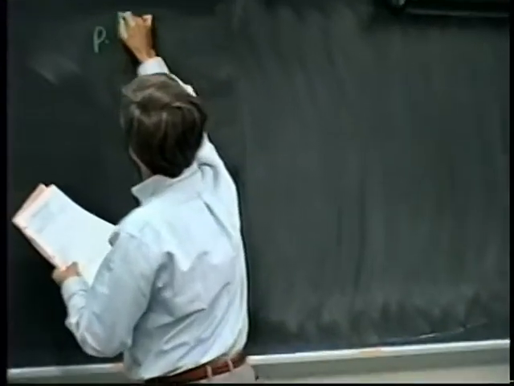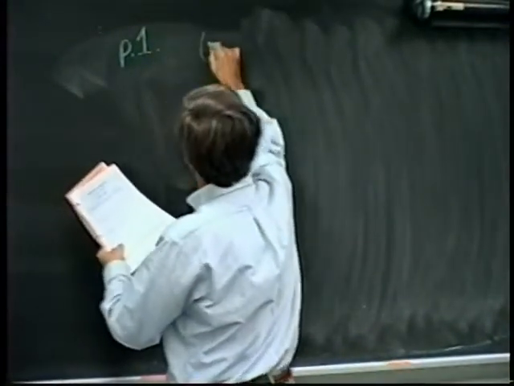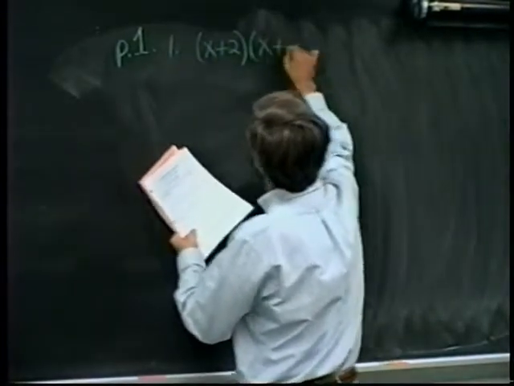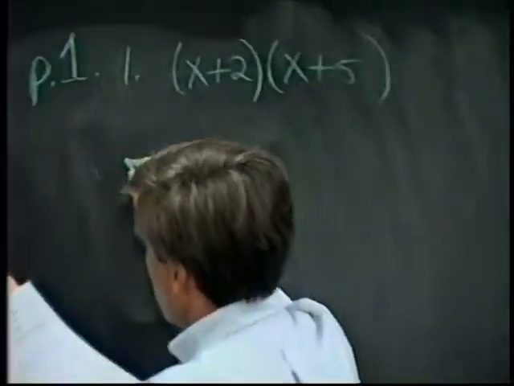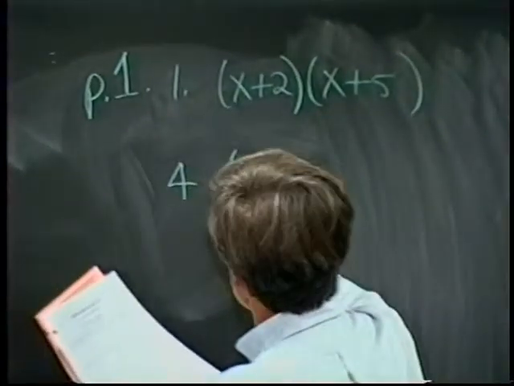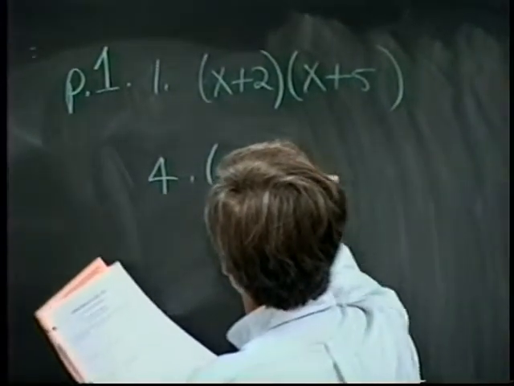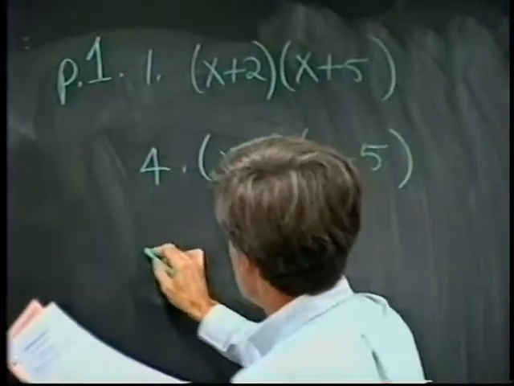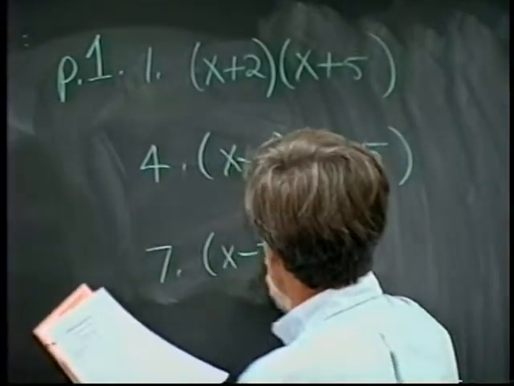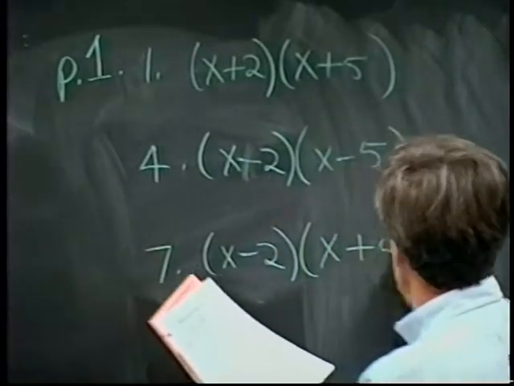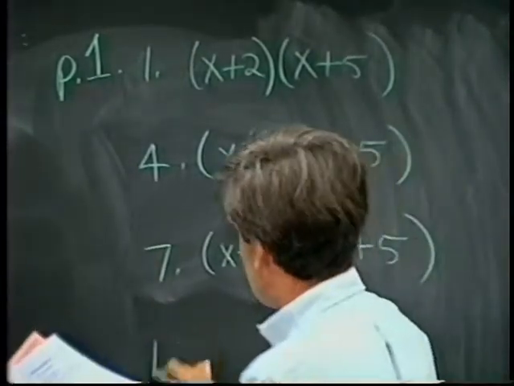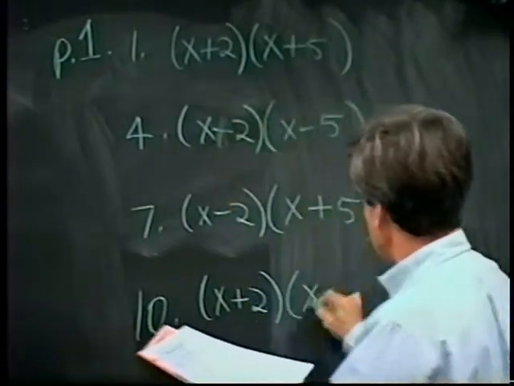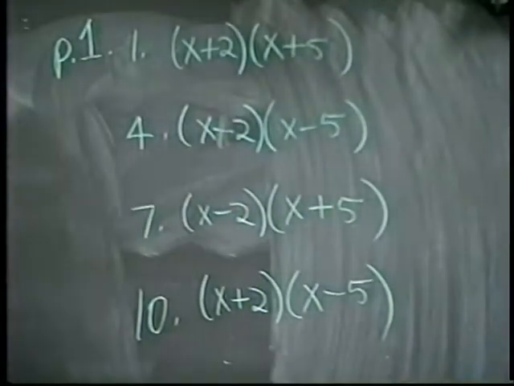Number 1, which is x plus 2 times x plus 5. Number 4, which is x minus 2 times x minus 5. Number 7, which is x minus 2, x plus 5. Number 10, which is x plus 2, x minus 5. Okay?